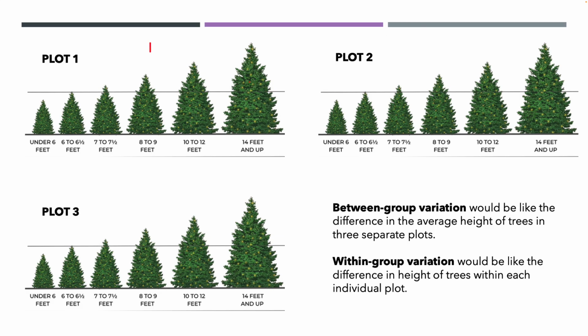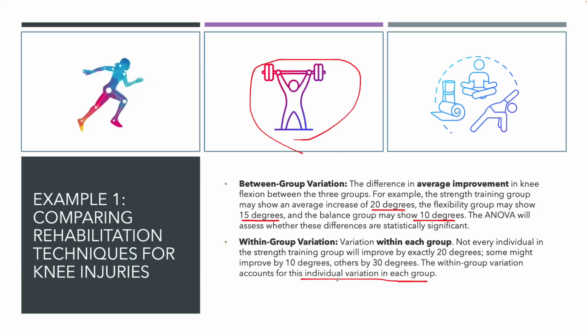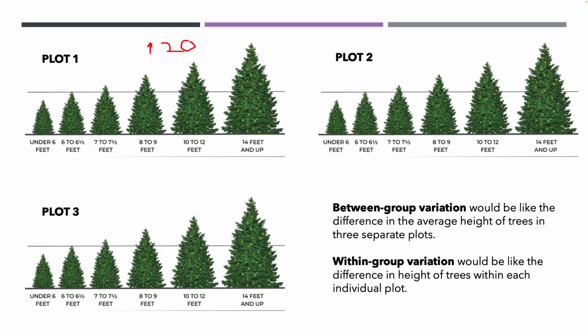It seems that the strength training has increased knee flexibility by 20 degrees, which was higher than the other two. So there's a significant difference in strength training. And then when we mentioned this within group variation, if I go back here and I say, okay, these are all the strength training people, maybe this person improved by 30 degrees. Maybe this little guy here improved by 5 degrees.